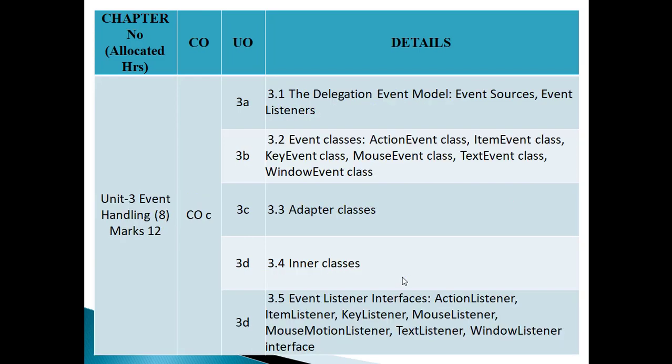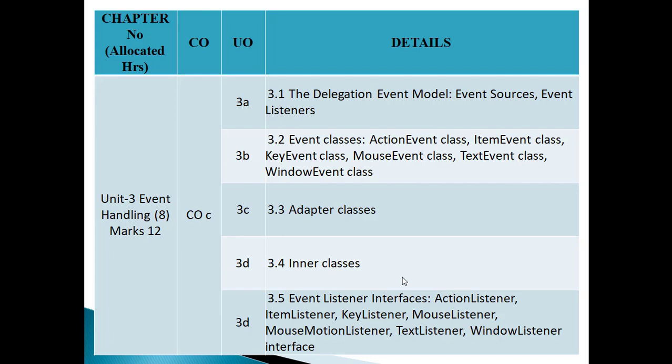Third unit, event handling, which has 8 hours allocated and 12 marks. First point is the delegation event model. In that, event sources and event listeners we are going to study. Event sources are the sources which generate some types of events.